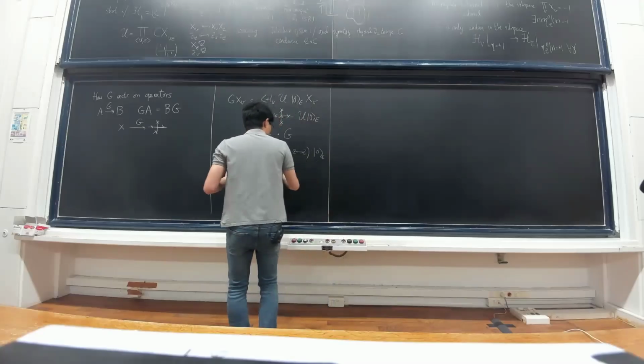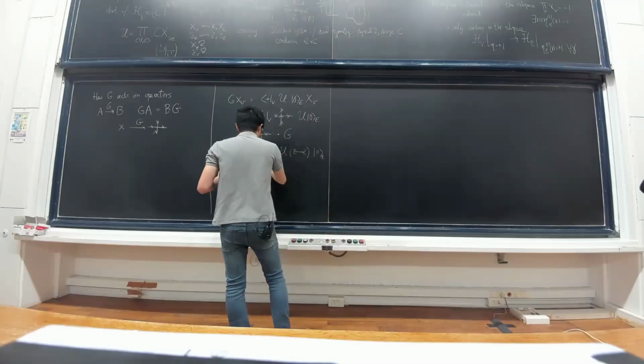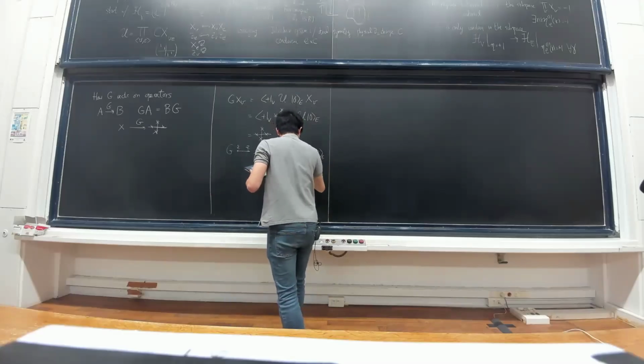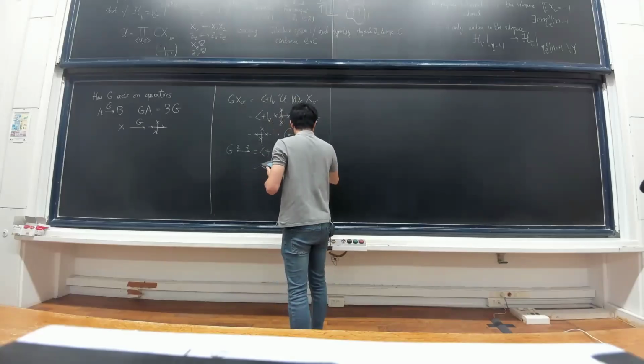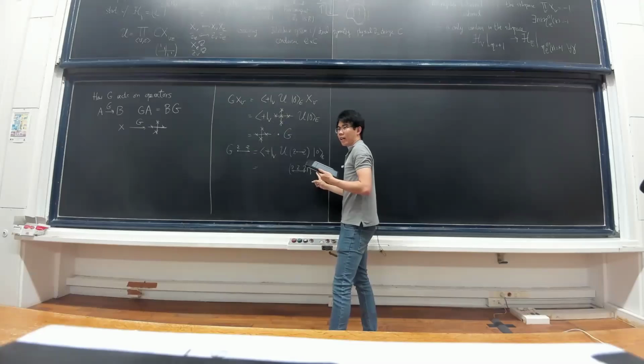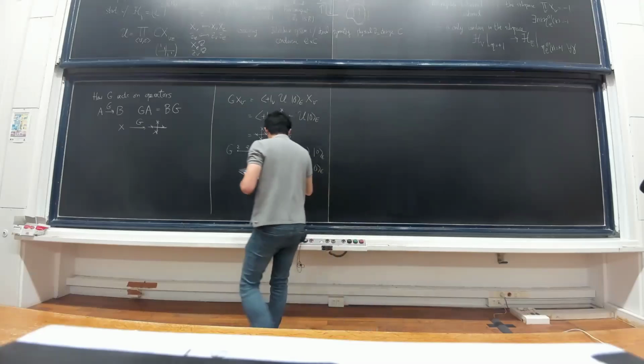So the trick you have to use is the fact that you can pull out a Z on this edge for free because this state, all the edges are in the zero state. Okay.